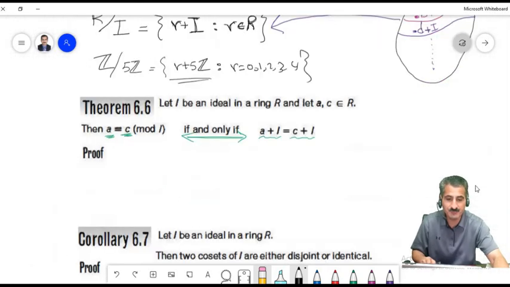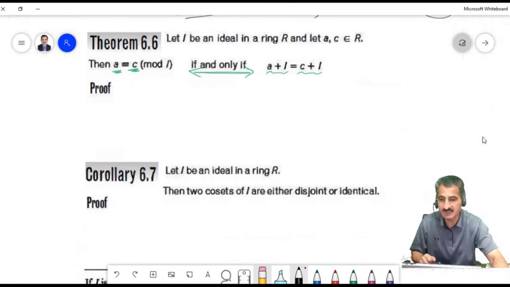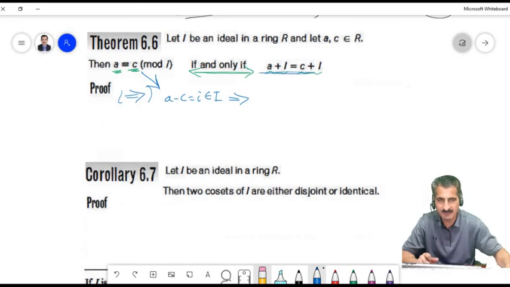This is proved in the following theorem, which is left as an exercise, but I will do it quickly. If we want to prove it, this means A minus C equals some element i that belongs to I. And that means A equals C plus i.